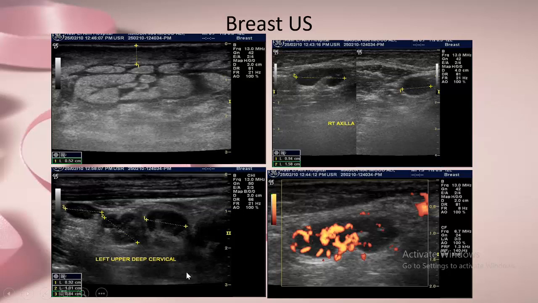Here the lymph nodes appear pathological, and I took a biopsy, even from the upper cervical. Note this lymph node was irregular in shape, I don't know why, but when we took the biopsy it was non-specific, and there was no malignant infiltration of these lymph nodes. So usually an autoimmune disorder may cause this worrying appearance of the lymph nodes.